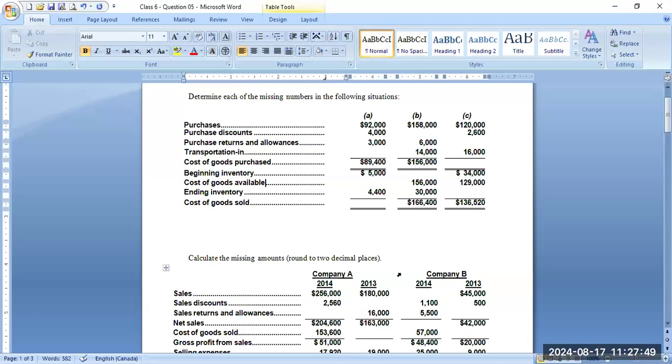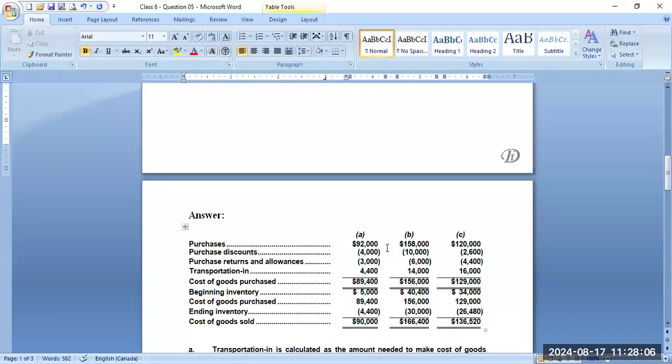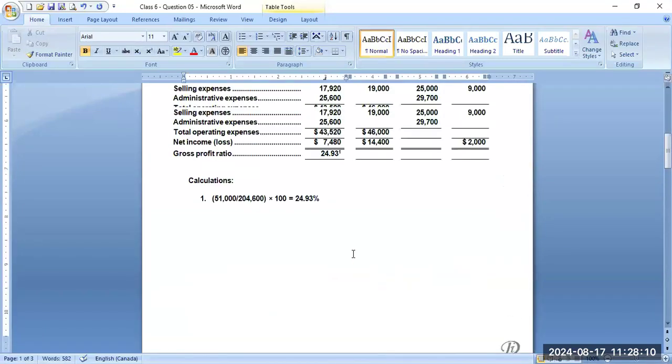One thing I want you to know, there are no negative amounts here. So you need to know that purchase discount and purchase return allowances have to be deducted from the purchases. That's the catchy part here. That's where you make a mistake if you have to prepare this. Here they're showing us a negative amount, but not in this case.